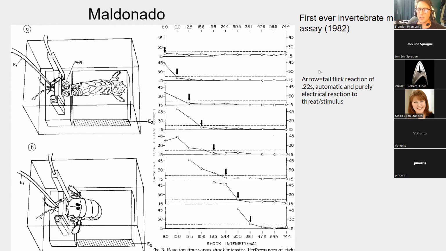You're trying to see how long it takes to get to a fast tail flick, which is this 0.22 seconds, this dashed line. These graphs are not very great, but the takeaway is that even for this knee-jerk reaction in these animals, morphine seems to increase the number of shocks and the amount of electricity needed to generate a tail flick of this speed when compared to control animals.